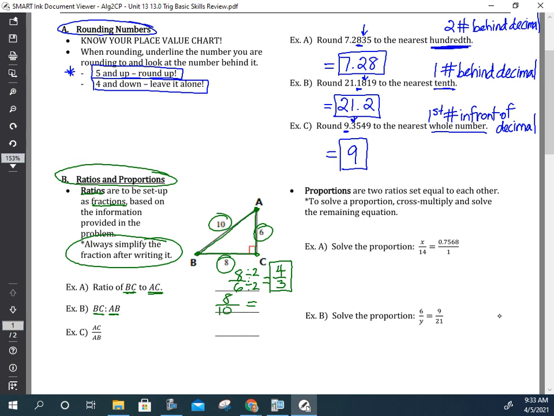You can't leave it as 8 over 10. Actually, it's marked wrong. So what does 8 over 10 reduce to? 8 divided by 2 is 4, 10 divided by 2 is 5. 4/5.